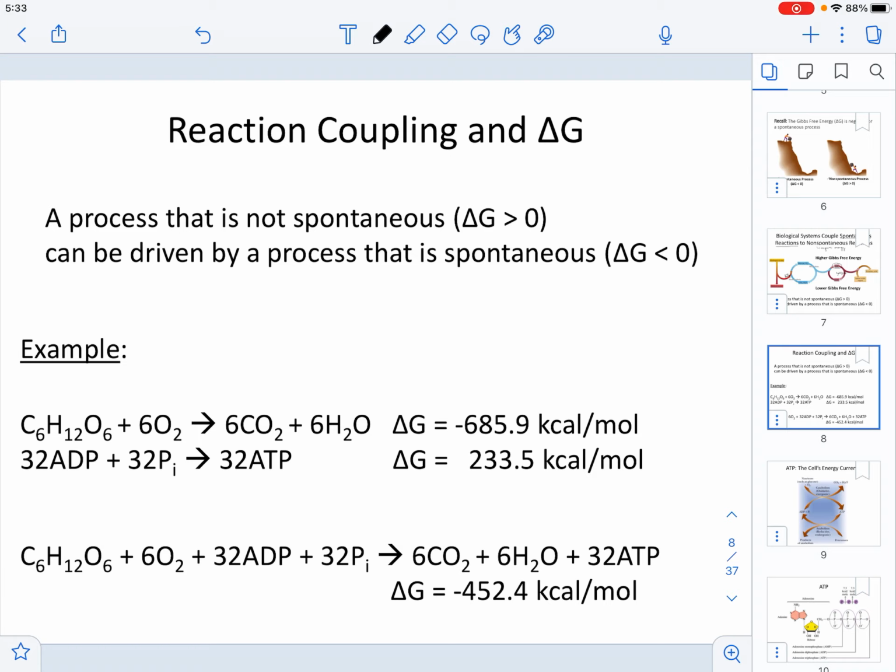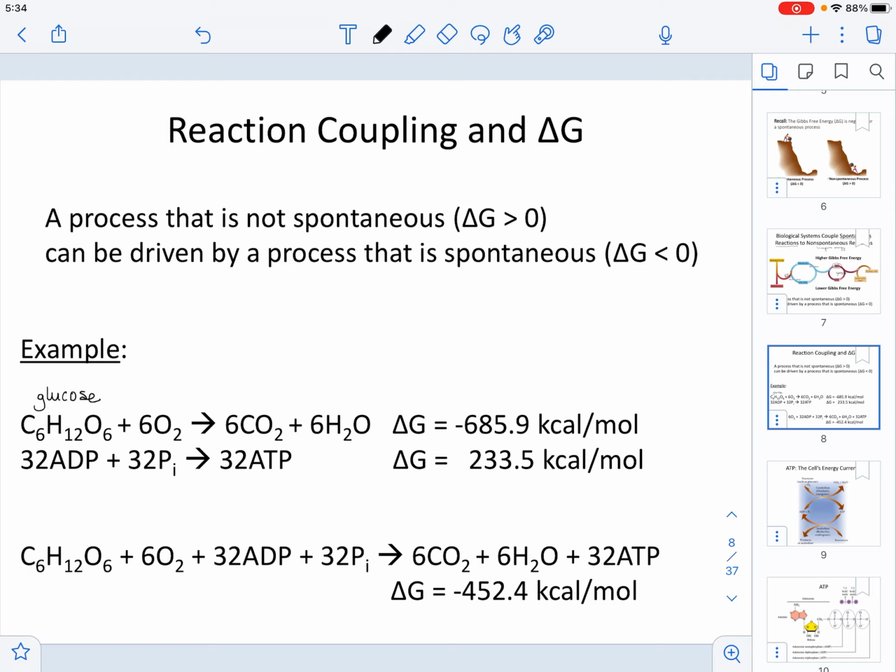So, as I was just mentioning, when reactions are happening in cells, we are going to be coupling non-spontaneous processes with spontaneous processes. Let me give you another example. As you can see here, we have the example of taking glucose, whose chemical formula is C6H12O6.